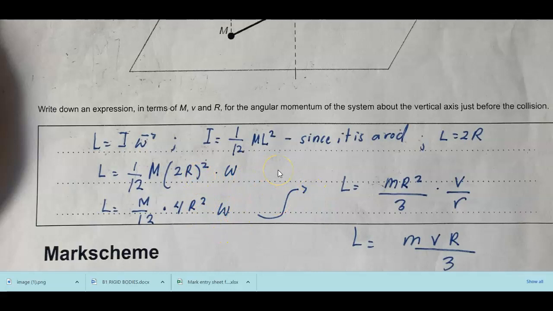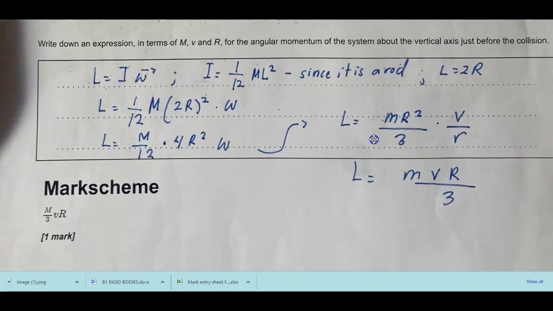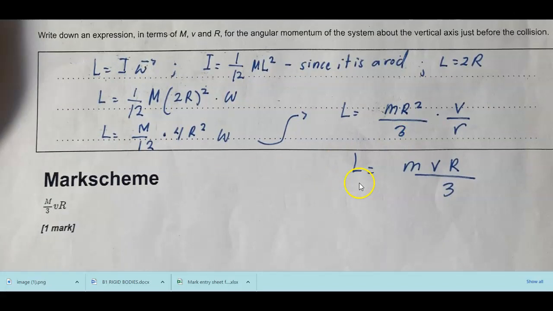From our previous discussions before, we know that omega can be obtained from the formula V is equal to 2r omega, which is the relationship between your linear velocity, which is v, and its angular speed or angular velocity, which is omega. Now, after that, once we substitute v over r with omega, we can now simplify and we can obtain L is equal to mvr over 3, which is similar to the marked scheme.